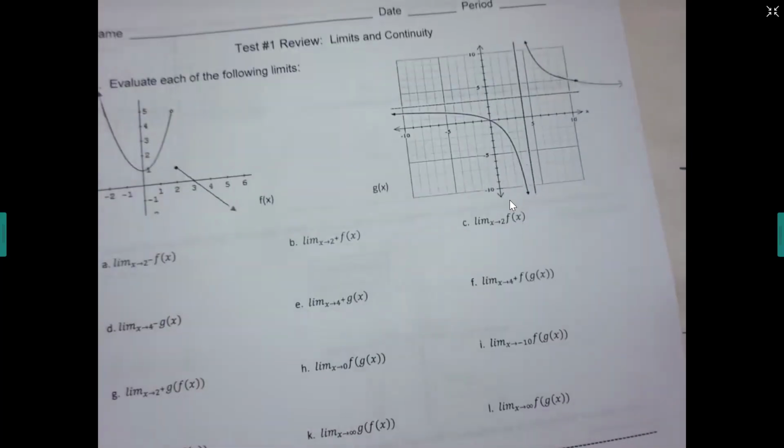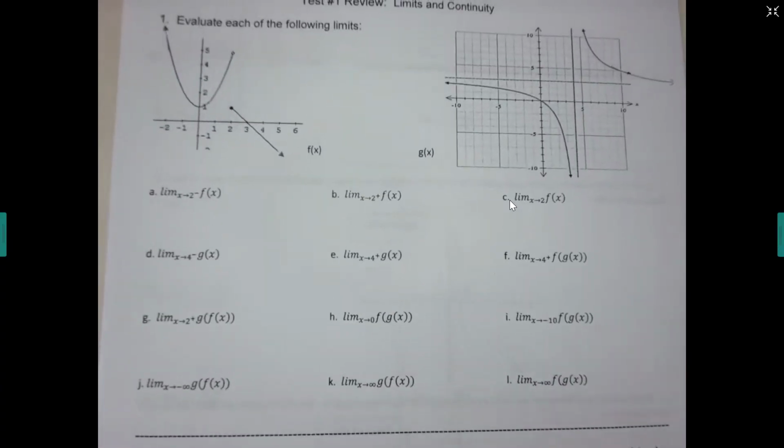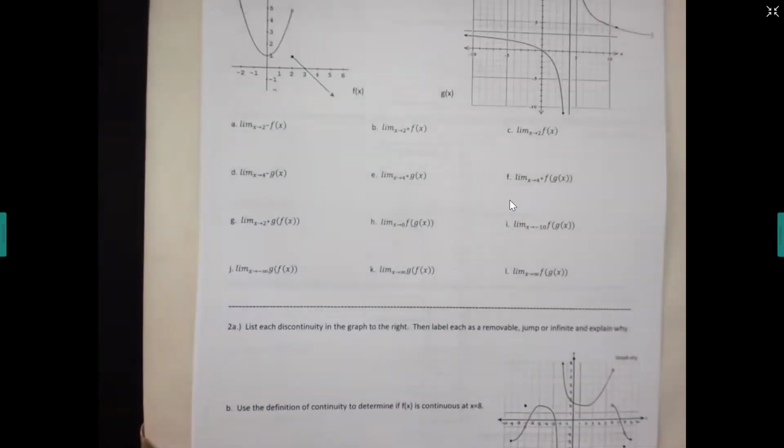All right, so here is the plan for today. We are going to review. We're going to do a little bit of it together, and then most of it you're going to do on your own. Then I'm going to pass back your quizzes, give you a chance to look at them, see what mistakes you made, so that when you take your test, we don't repeat.